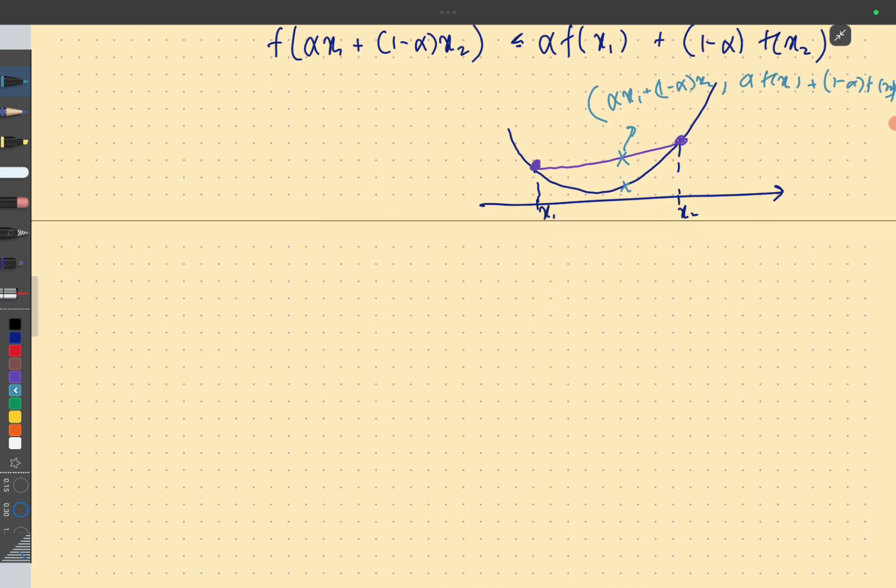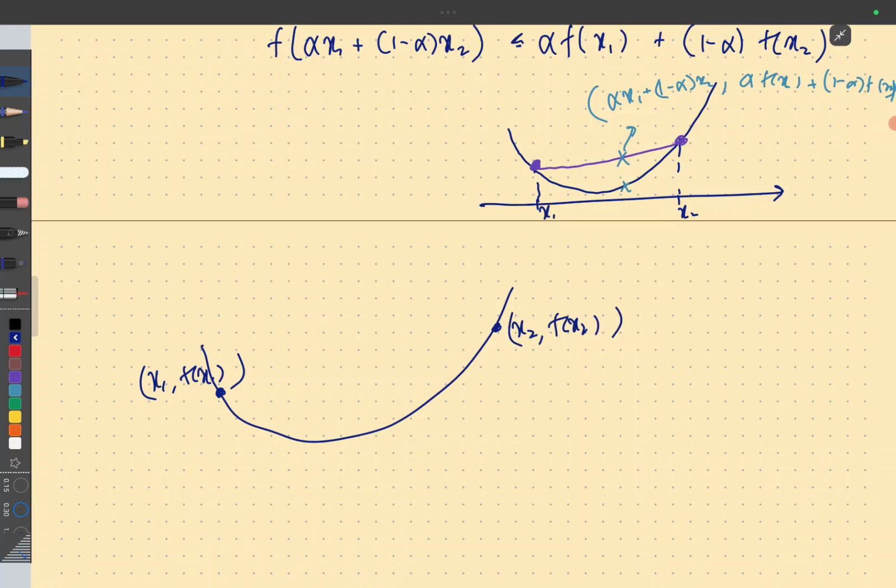So let me take a function. Take any 2 points, x1 and x2. What does this point correspond to? The xy values. This is x1 comma f of x1, and this point is x2 comma f of x2.